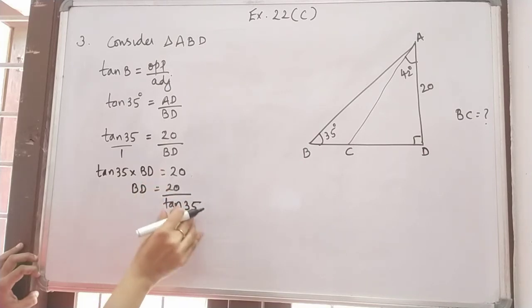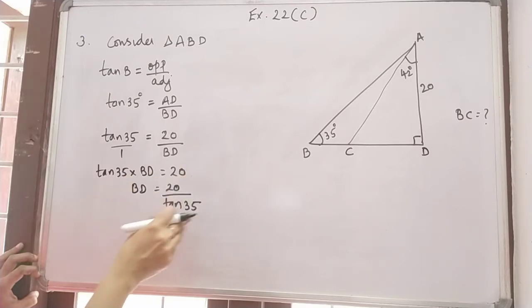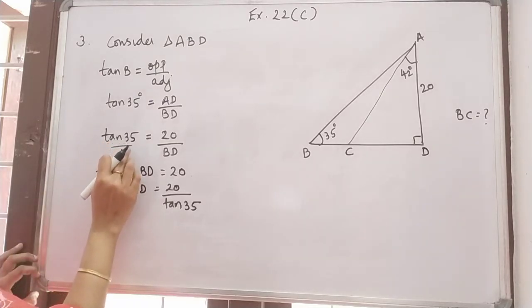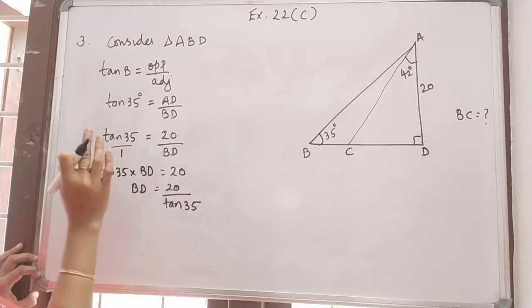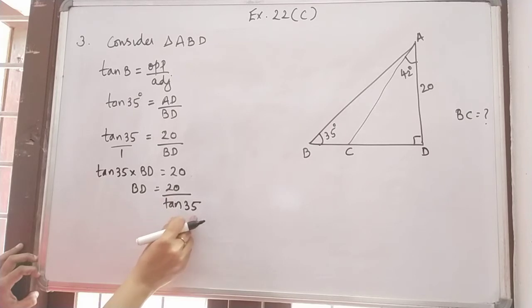If we substitute the decimals here, it will be difficult for us to do the division. So what we have to do is, don't substitute the tan 35 value here. Let it be tan 35 itself, and cross multiply and write it this way: BD is equal to 20 divided by tan 35.